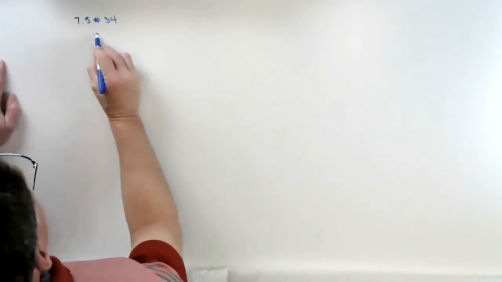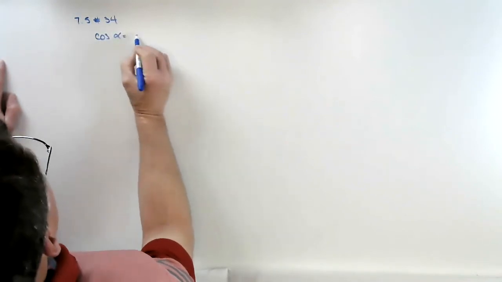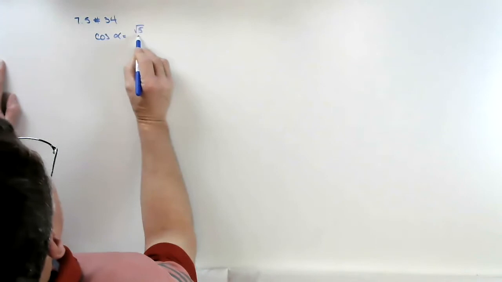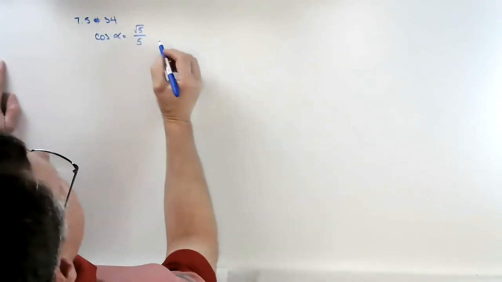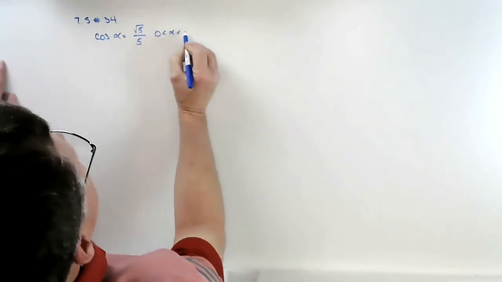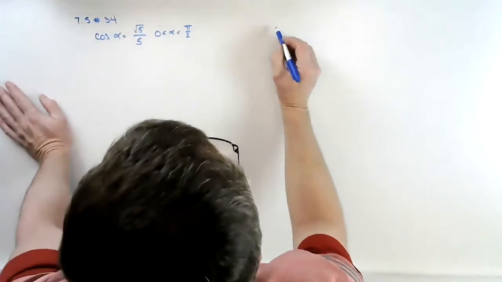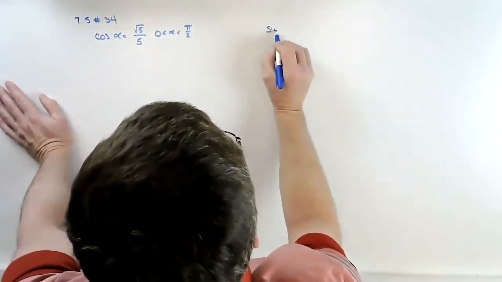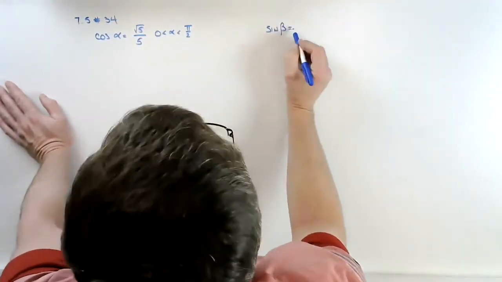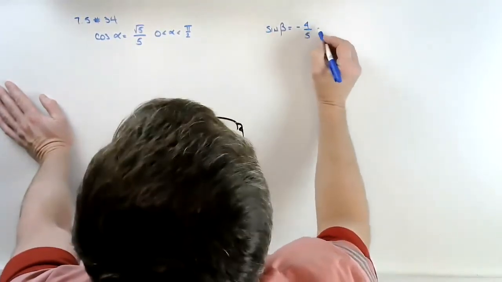So we're given cosine of alpha is the square root of 5 divided by 5. And we're given 0 is less than alpha is less than pi over 2. Also, we're given sine of beta equals -4 divided by 5.